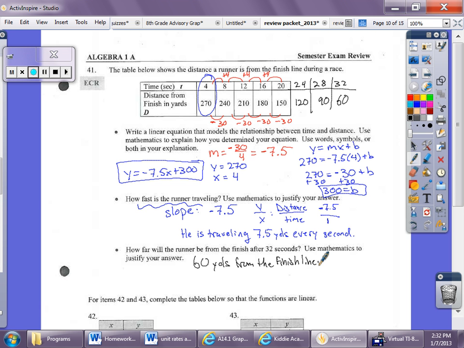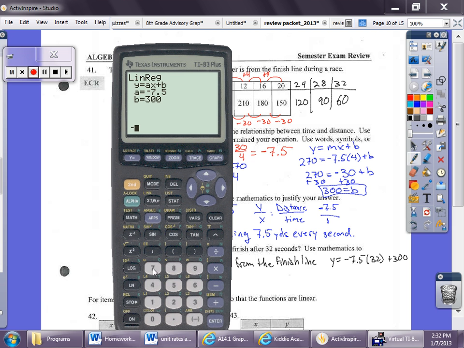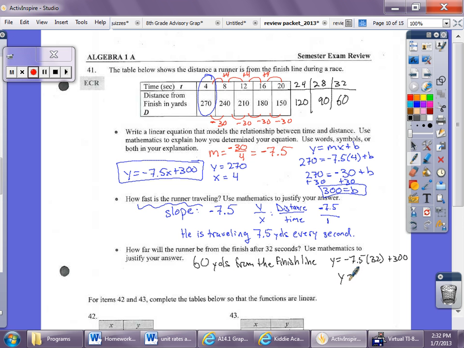So we would have y equals negative 7.5 times 32 plus 300. And if we simply solve this, negative 7.5 times 32 plus 300, we get 60. So y equals 60 yards. Same answer, just two different ways to do it.